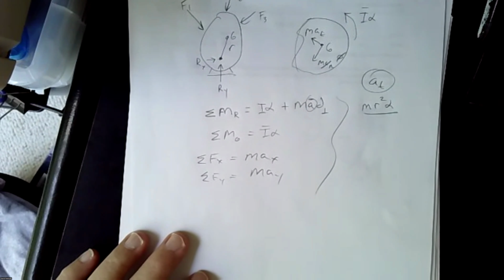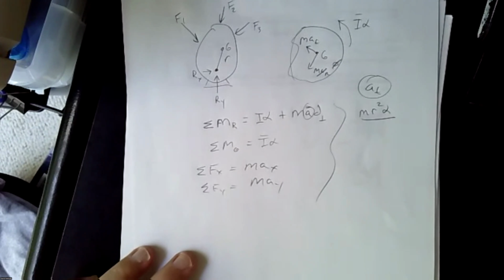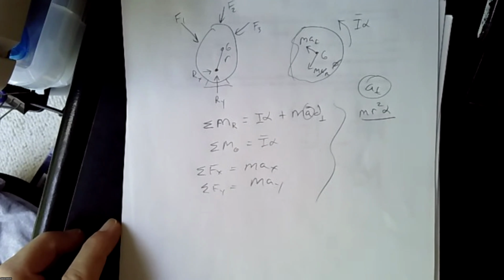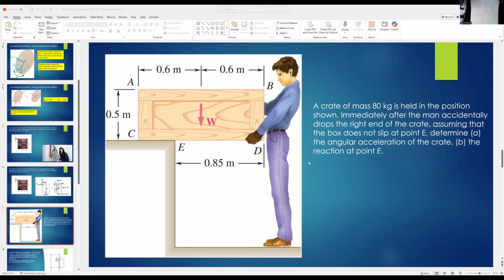Now, I'm not going to do this example because I have one exactly like it that I want to show you. Looking like this. Now, in this example, I would take this time to pause, write down the information you have, and then come back.